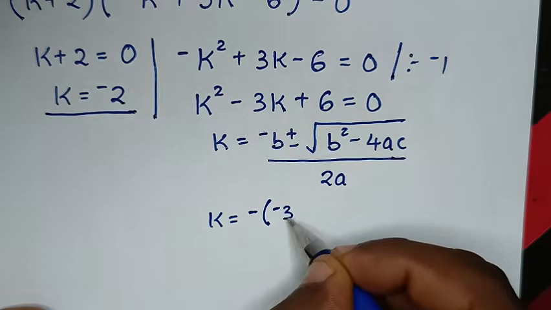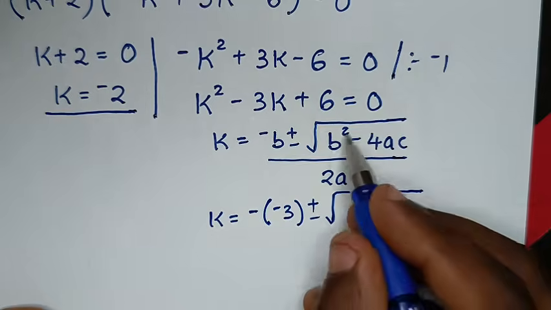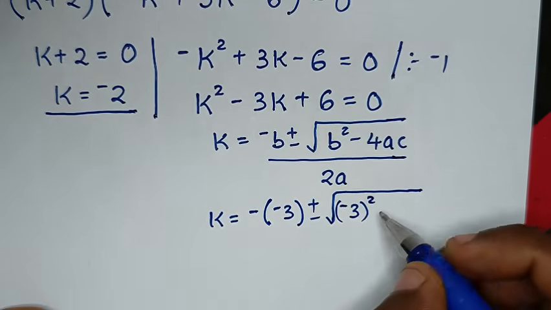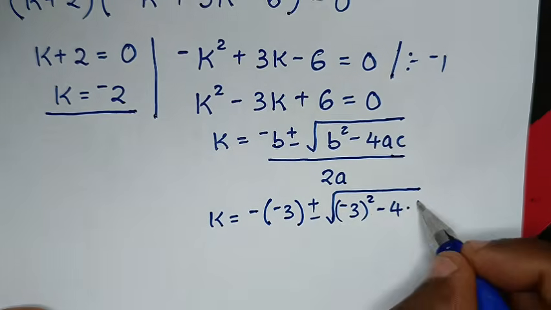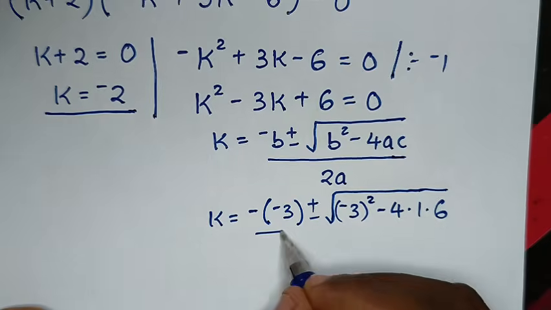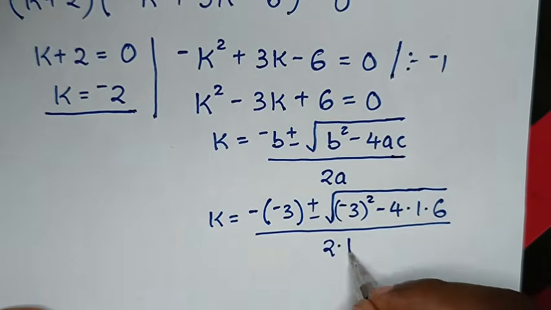So negative 3 plus or minus square root of b square, it will be minus 3 bracket square, then minus 4 times a, which is 1, times c, which is 6, then over 2 times a, which is 1.